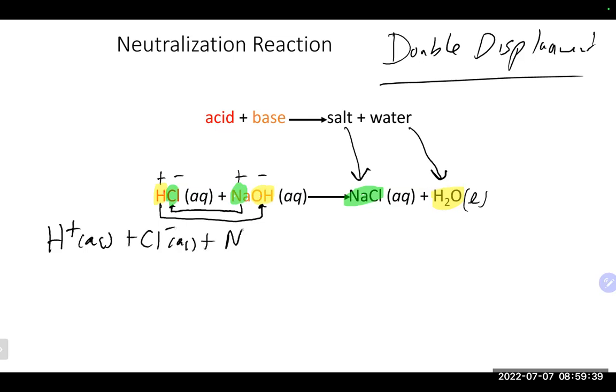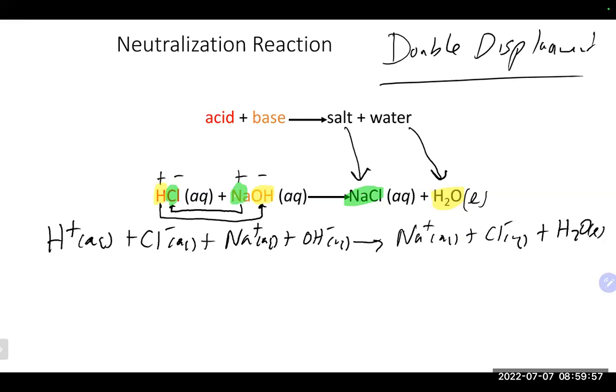Because sodium hydroxide is a strong base, it also would break apart into sodium ion and hydroxide ion. The salt on the other side is just an ionic compound, so it will break apart into that, and water, which is a pure liquid, will stay together. So we would keep the water together in this particular case.